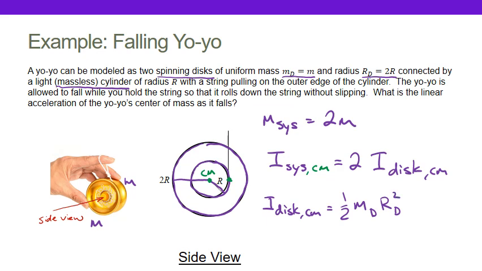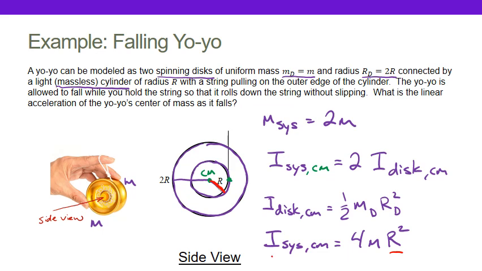So putting those things together, I get that the moment of inertia of my system about the center of mass is 4 times the mass of my disks times their radius squared. Or sorry, that's really not their radius, but the radius of the cylinder. That's this little radius squared.